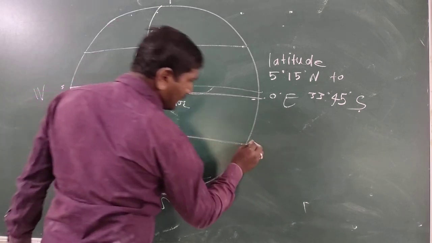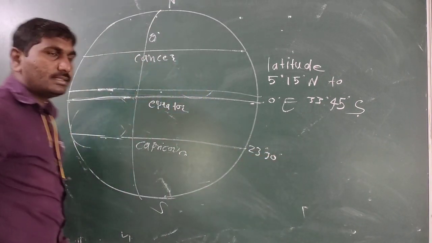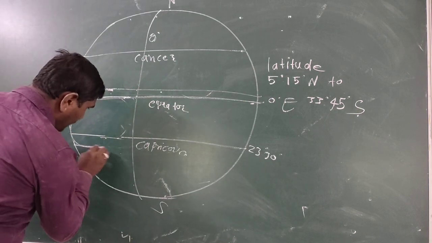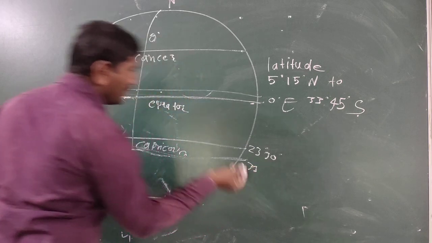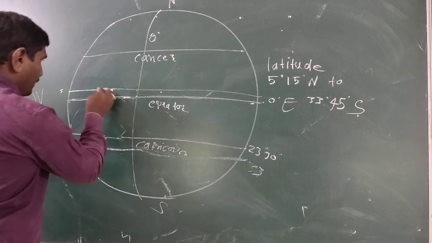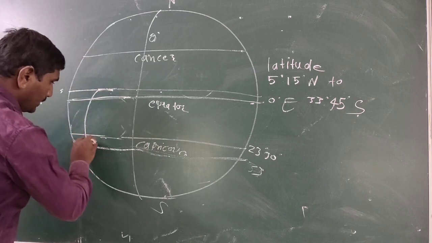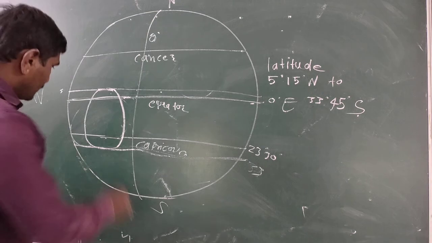Actually, we have already taken this Tropic of Capricorn, that is 23 degrees 30 minutes. So up to here this is called 33 degrees. So from here up to here, this is the location of Brazil.